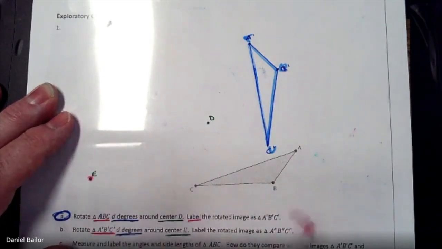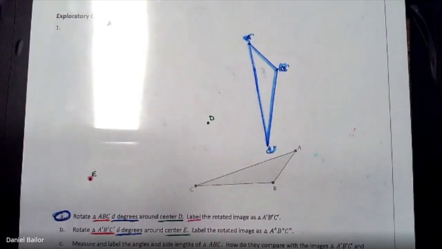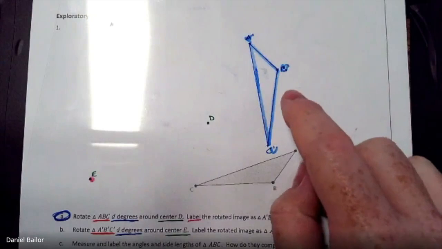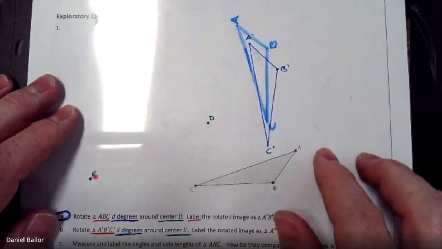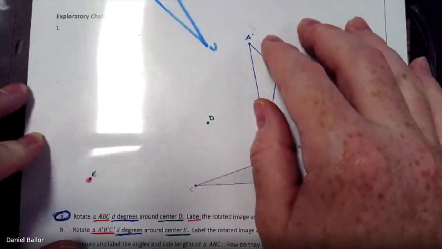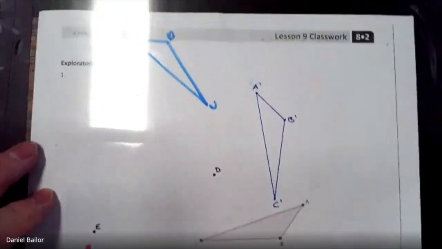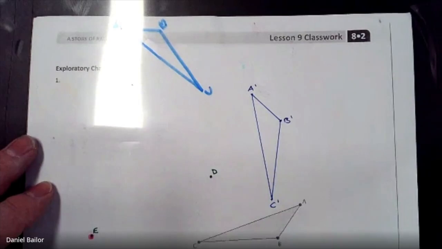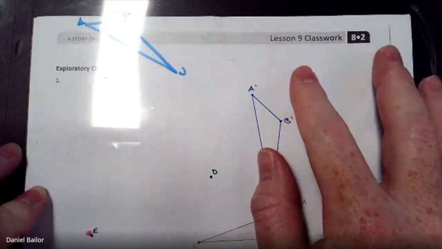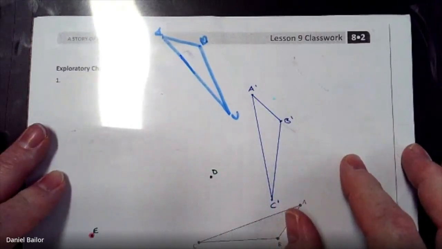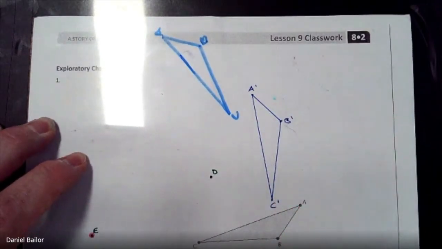So now I have a red dot that I lined up with point E, and I'm ready to rotate the prime triangle around E. I can rotate however much I want. I'll slide my page down so you can see it a little bit better. Let's just stop right here. That way it fits on the page and we can see it.